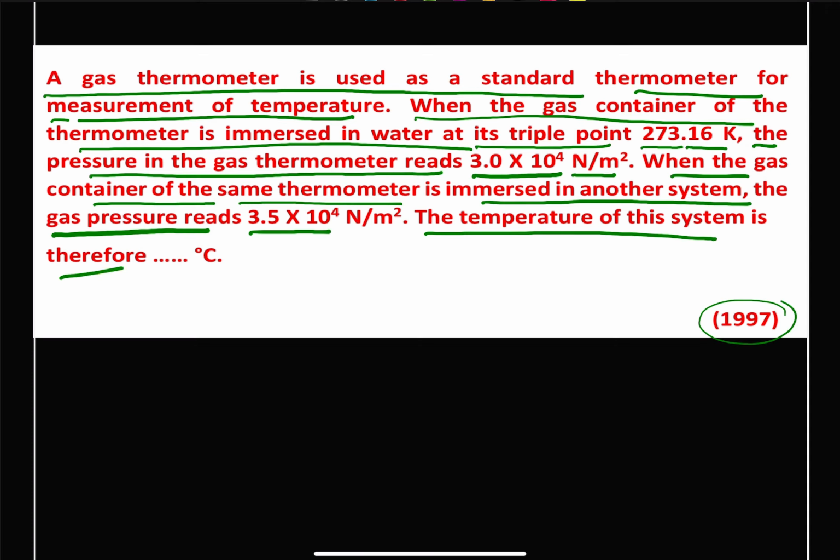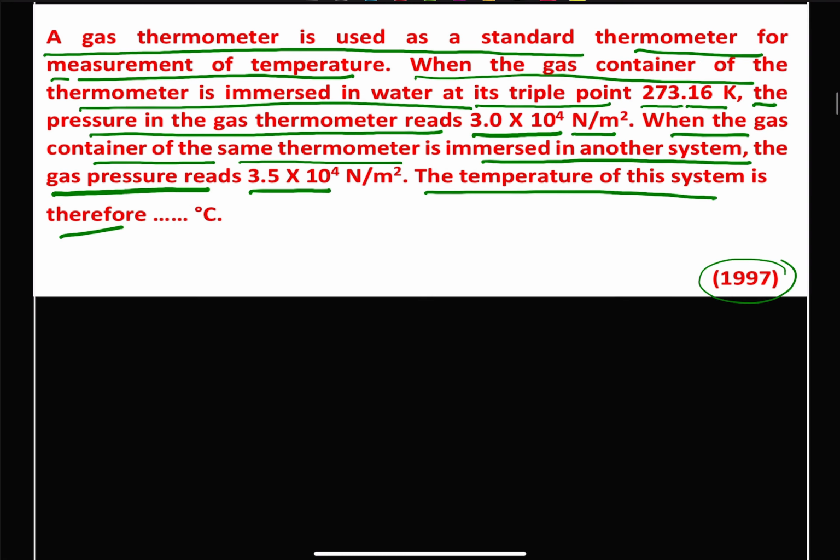So basically it is directly based on the gas thermometer principle, that our pressure is directly proportional to our temperature. Here volume will be our constant.